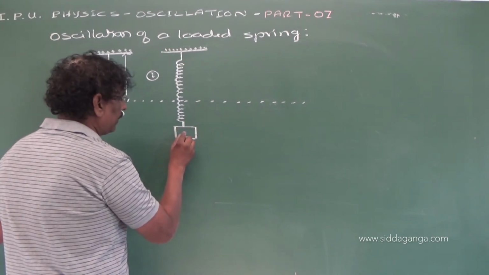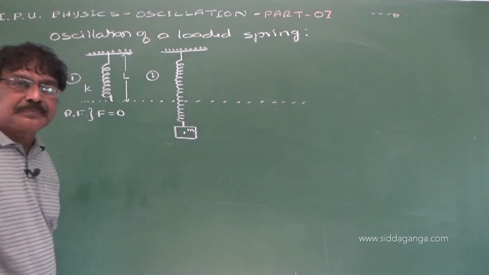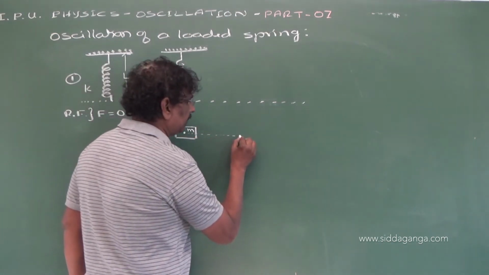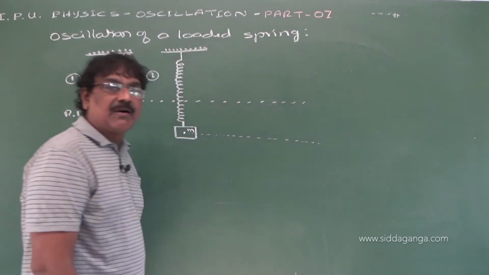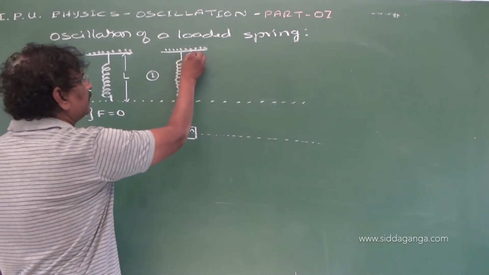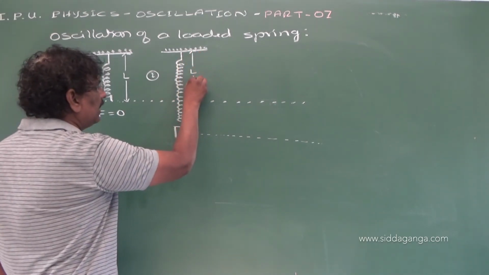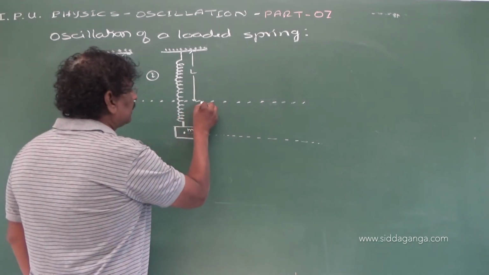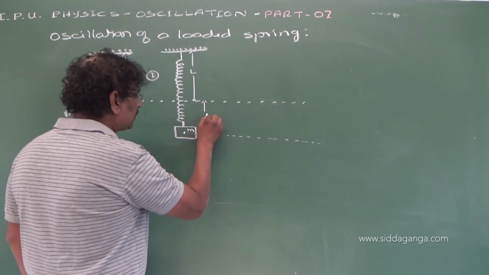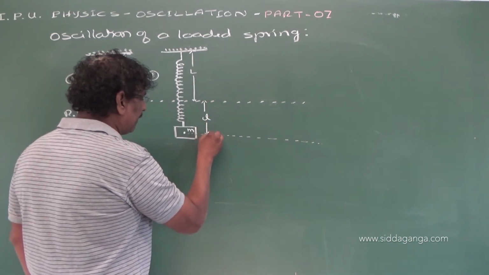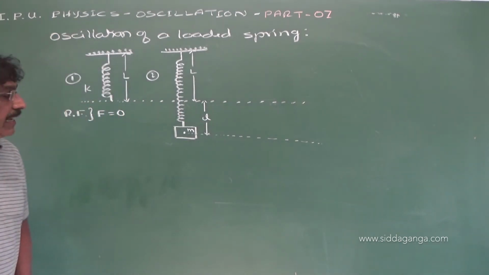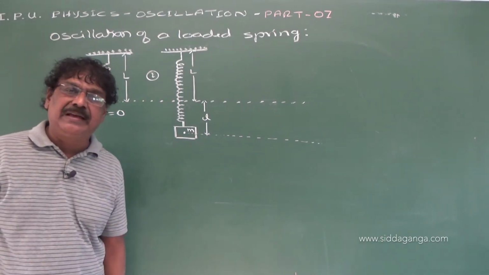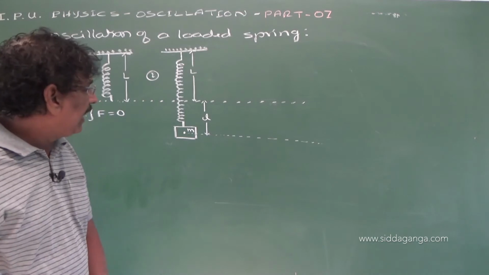It is the load of mass M. Now, generally, in any case, the distance is always measured. Here, this is the original length of the spring earlier. Now, the length of the spring gets increased by a distance L. This is the distance L through which the spring gets extended, right?